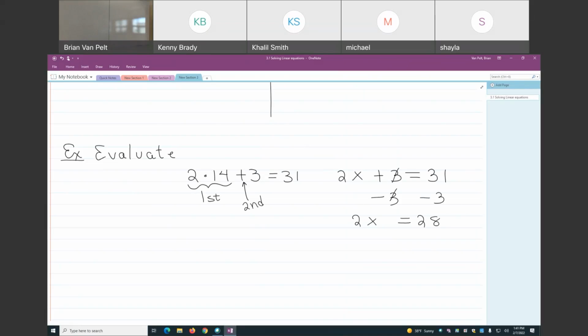So I undid that part. Now what next part do I need to undo? Multiplication. How do you undo a multiplication? Division. X is equal to 14 is our final answer, and that's because then I went and attacked the multiplication part of it.